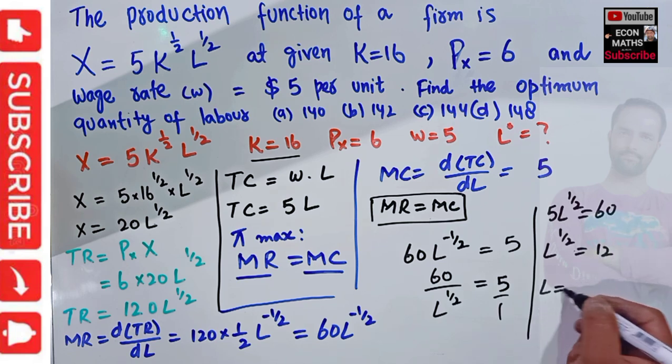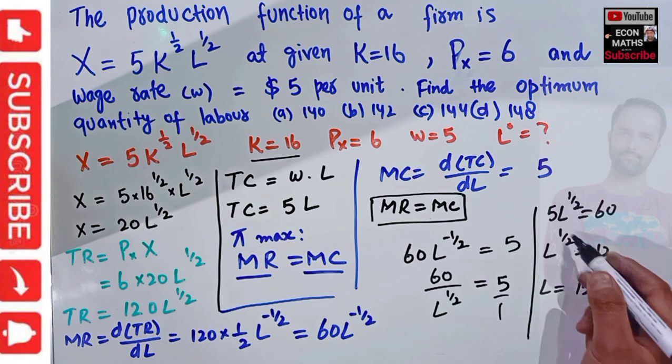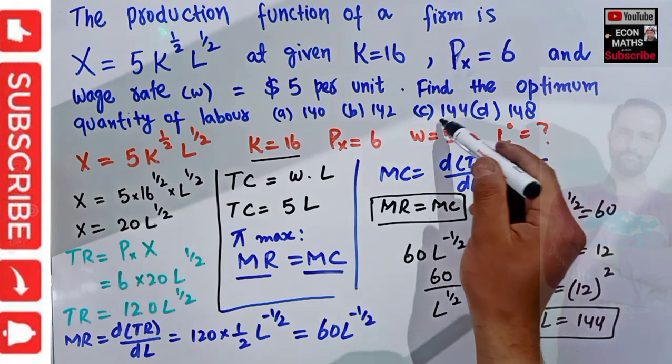Or L is equal to, if I transpose the exponent to the RHS, it will get reciprocated. So it will become 12 to the power 2, since 1/2 becomes 2/1. That means L will be equal to 12 twelves are 144. That will be the optimum units of labor required. So the correct option should be option C.